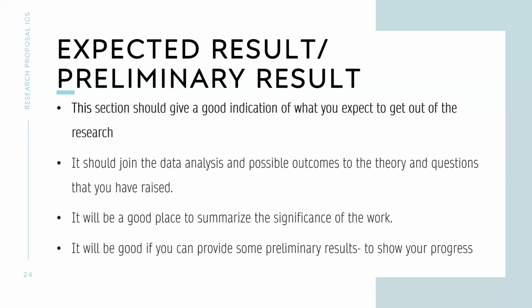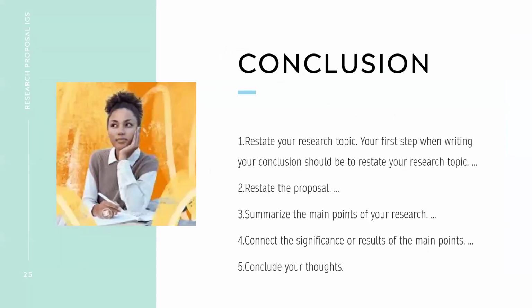So for those who expect to upgrade from master to PhD, you have to make sure that the result for your DRP will be result 1 and 2, and you can submit for upgrading to PhD within 1 year.